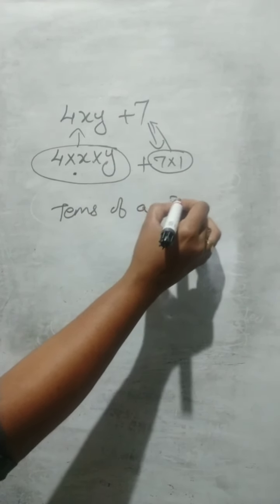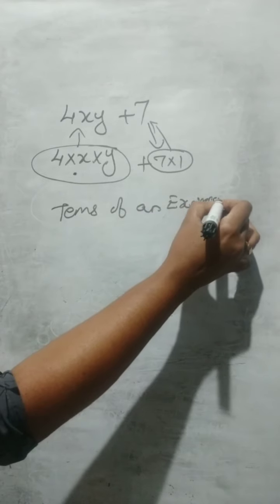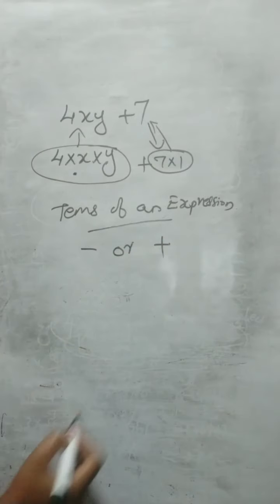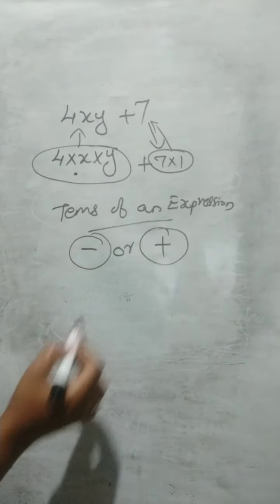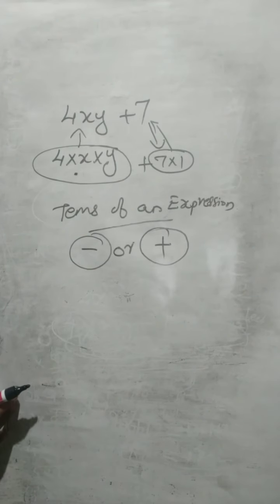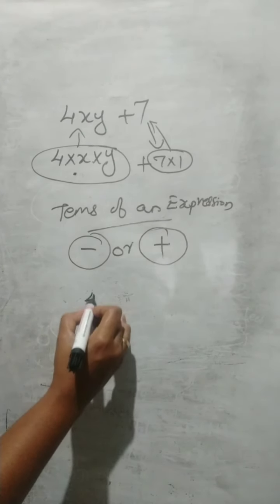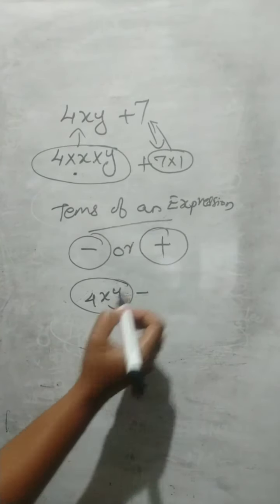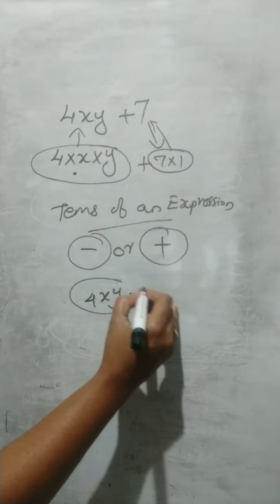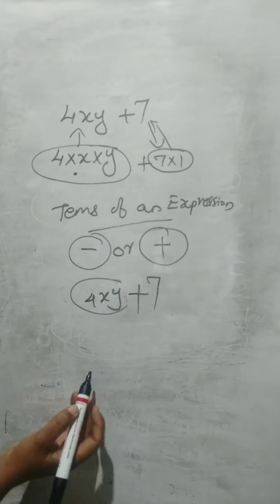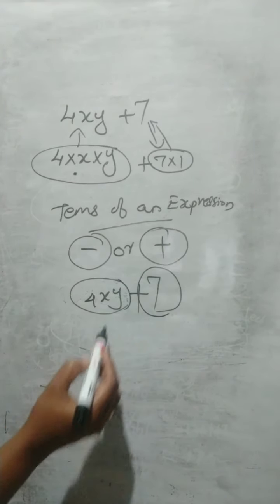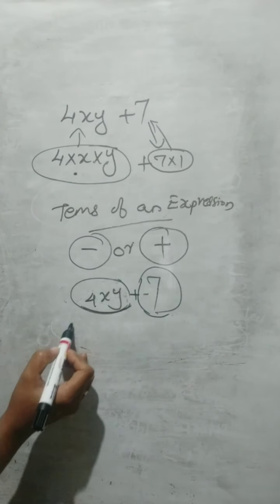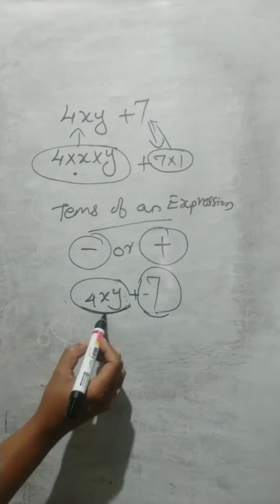Terms are separated by minus or plus sign. Here 4xy alone is only one term. There is no minus sign or plus sign. But here we are giving plus 7. Now we can say here 2 terms are there. How many terms? 2 terms. Here 1 plus sign is there. Then 4xy is one term and 7 is another term.